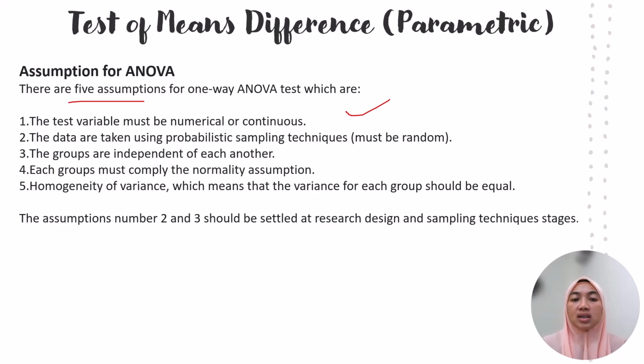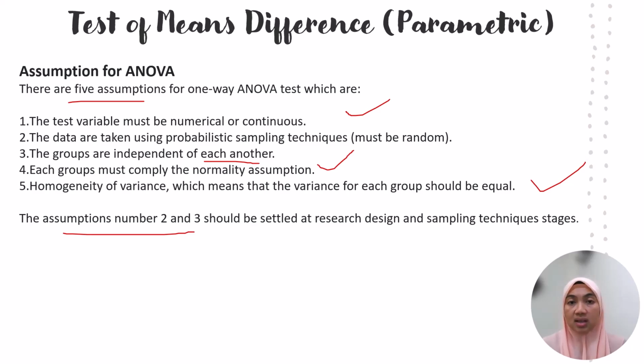The third is that the groups are independent of one another. Each group must comply with the normality assumption. And the last is homogeneity of variance, which means that the variance for each group should be equal.